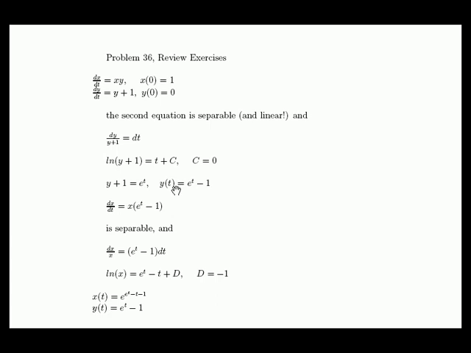Now that we know y, we plug that in here, and we get dx/dt equals x times y, which is e to the t minus 1. That's separable again. dx over x is equal to e to the t minus 1 dt. The antiderivative of dx over x is log of x. Taking the antiderivative of e to the t minus 1, that's e to the t minus t, plus an arbitrary constant d.